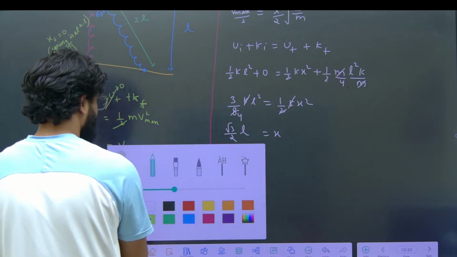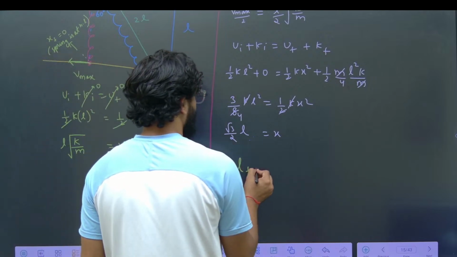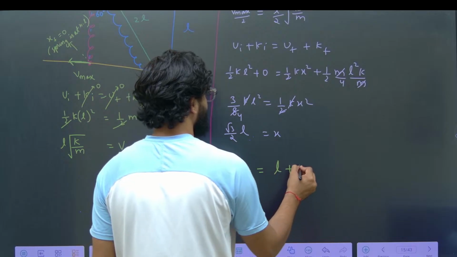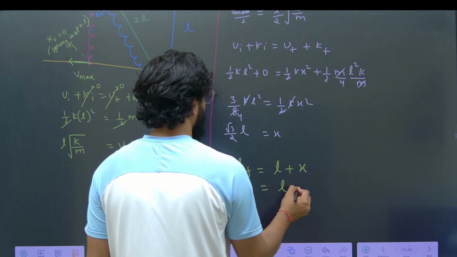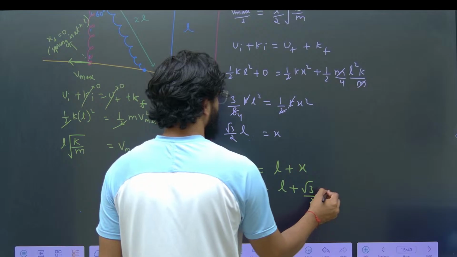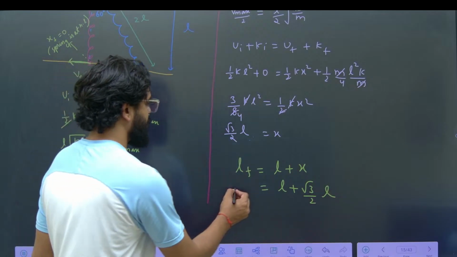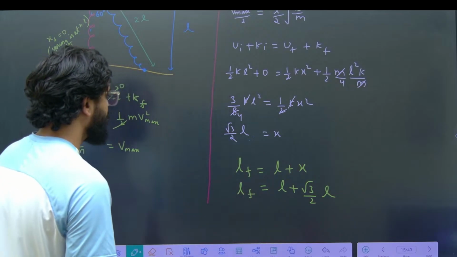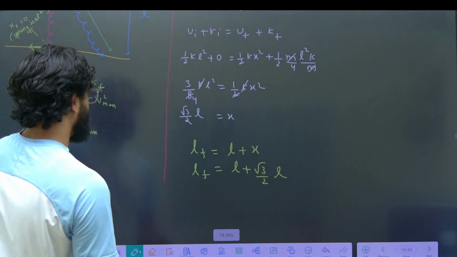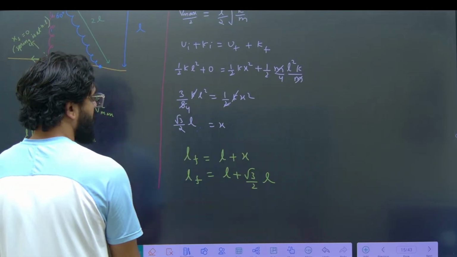L final will be L plus X, that is L plus root 3 by 2 L, right? That is L final. Okay, so how might that particular diagram look?